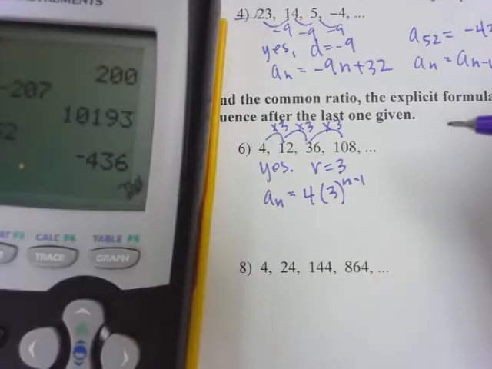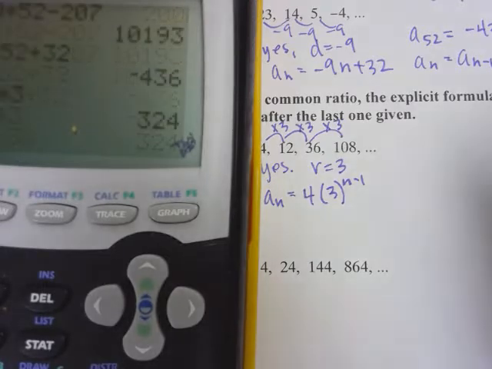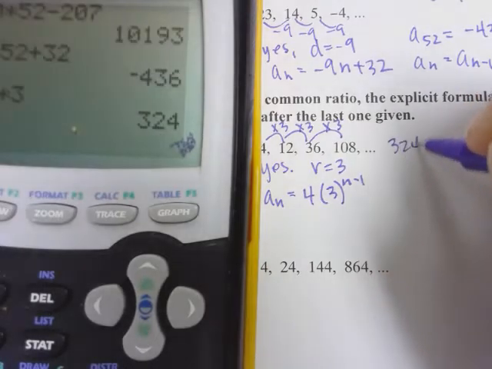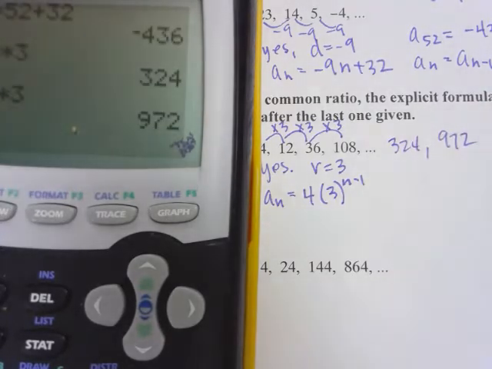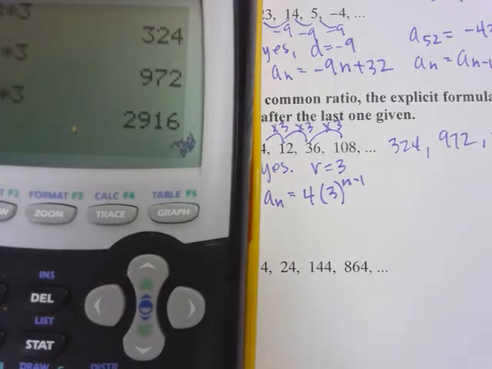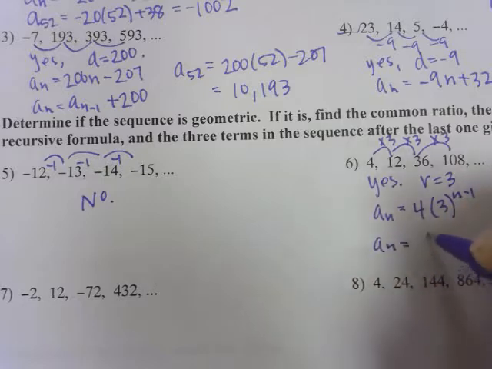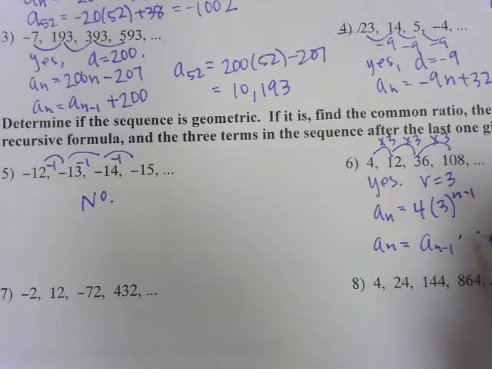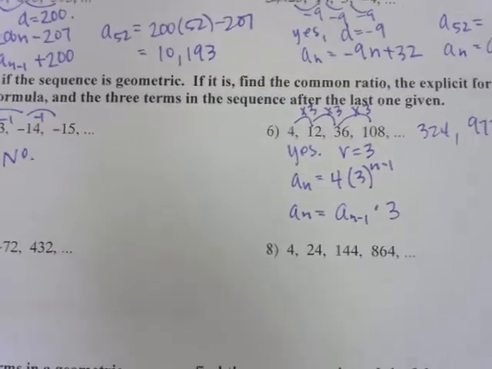All I have to do is take the 108, times that by 3, and you get 324, 972, 2916. The last thing we have to do is write the recursive formula, and that's going to be it.